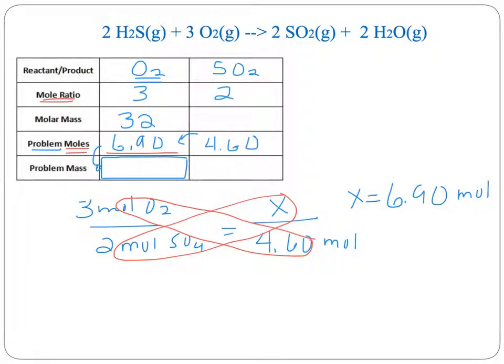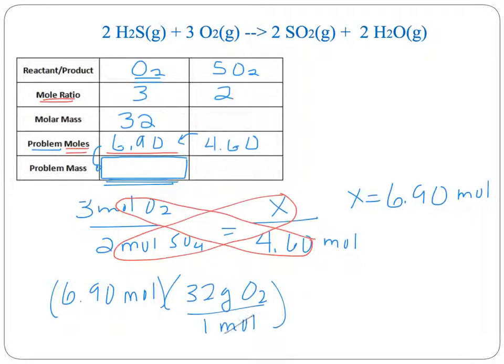But the problem doesn't ask you about how many moles of oxygen, it asks you what is the mass of oxygen. So of course then you just take your 6.90 moles and you multiply that by how many grams, or 32 grams, of oxygen you have in 1 mole.